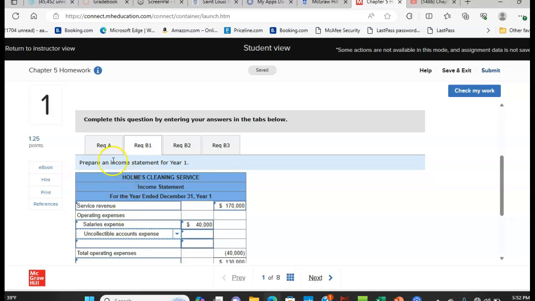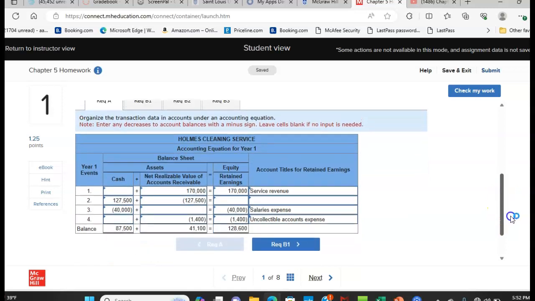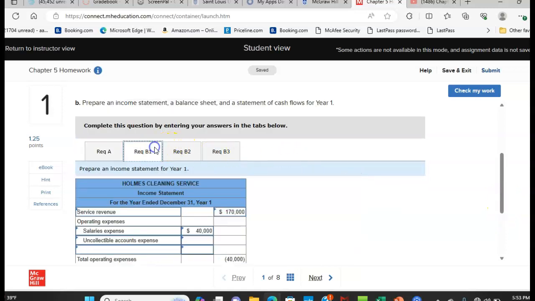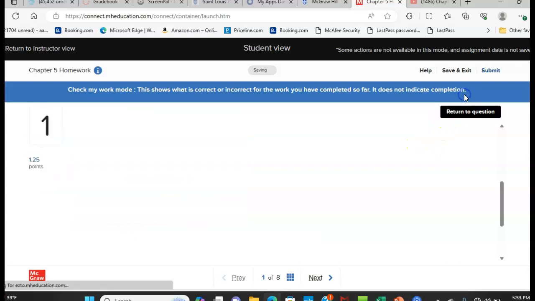But the good thing is to go back to requirement A, and I see salary expense was $40,000, and uncollectible was $1,400. So total operating expenses were $41,400. Subtract that from service revenue, and that would give us net income of $128,600. So let's check our work for B1.